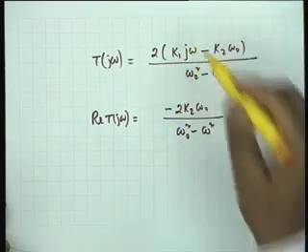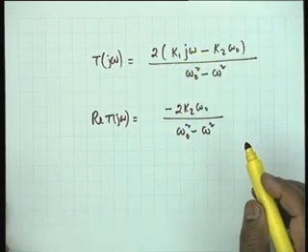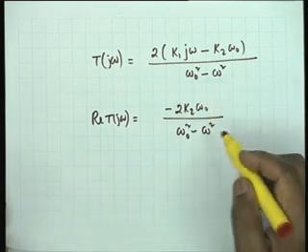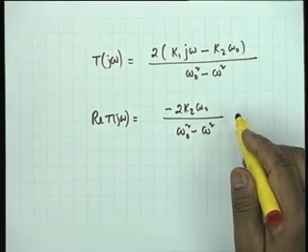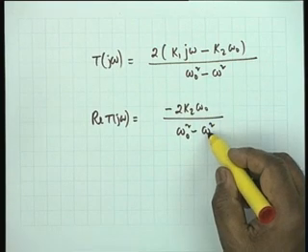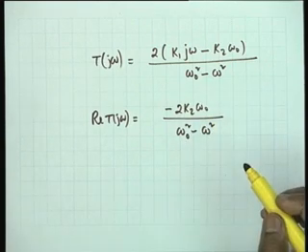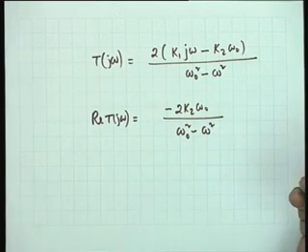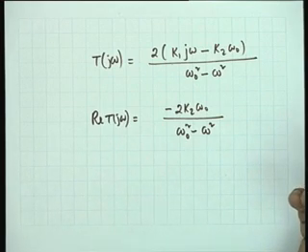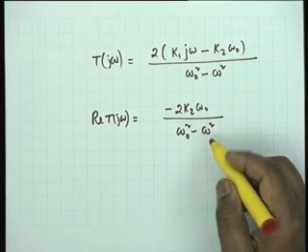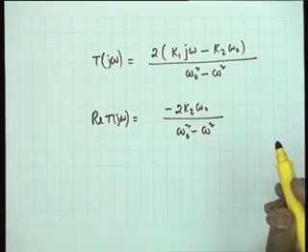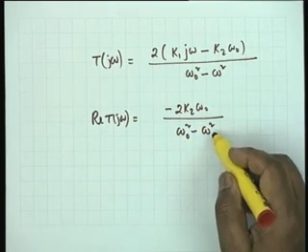Therefore, we ignore this. Now, you notice that if k2 is positive, when omega is less than omega 0, the real part becomes negative. If k2 is negative, then the denominator is negative for omega greater than omega 0.